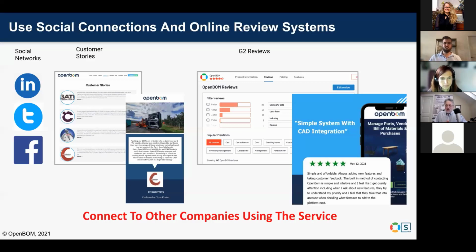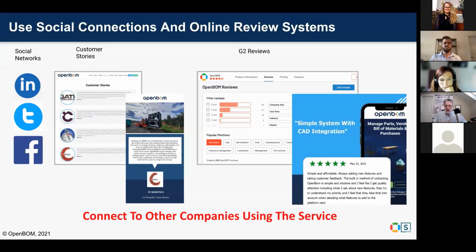So we are using services, and G2 Crowd is one of the systems that allows our users and customers to leave a review about what they do. That's a place which is also completely open and transparent. We don't have any impact or influence on this system, and anyone who is using OpenBOM can get to the system and leave a review and share the experience about how they use OpenBOM.